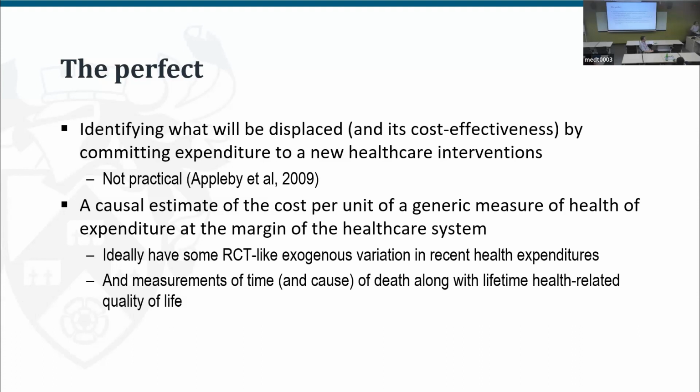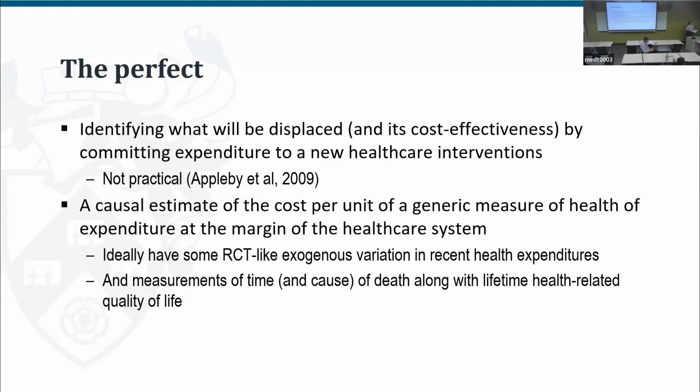So there are a couple of different levels of impossibility associated with undertaking this sort of perfect hypothetical study. First, we'd be waiting a lifetime to follow up individuals to see the lifetime health effects of expenditure, so it wouldn't be recent health expenditure that we would be looking at. Second, that kind of a randomized control trial is really hard to envision. I think there would be some ethical questions around whether you could do something like that.